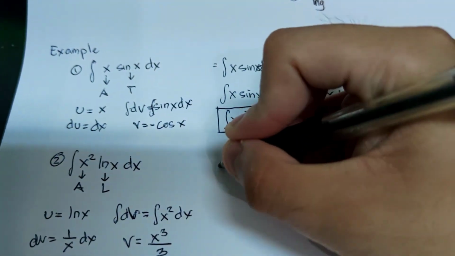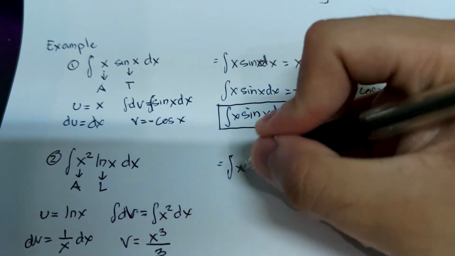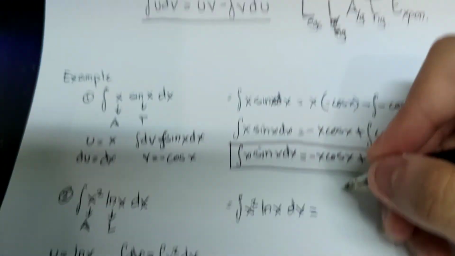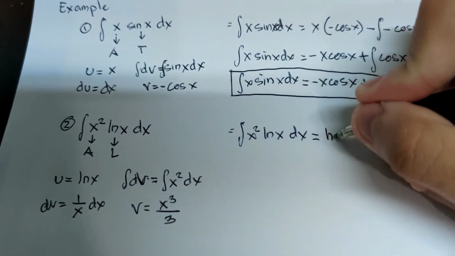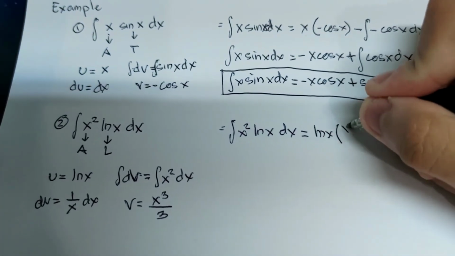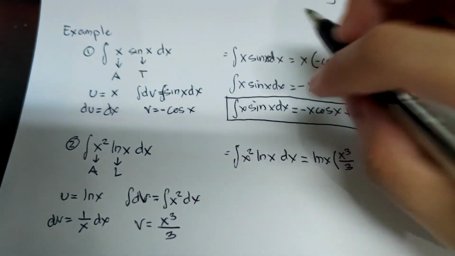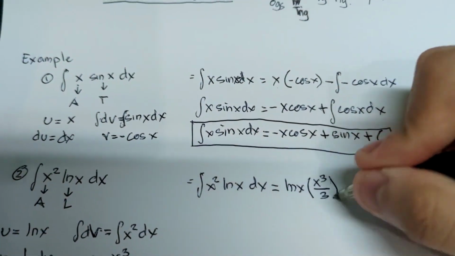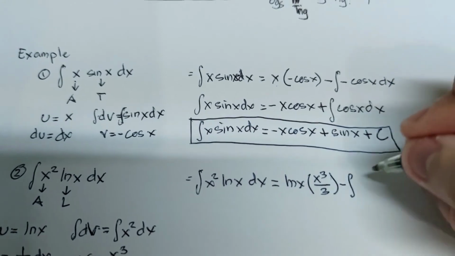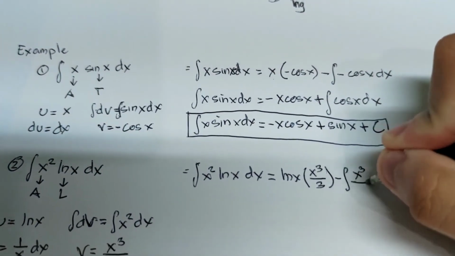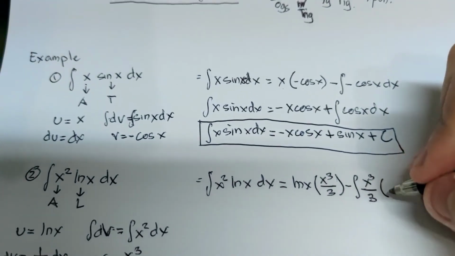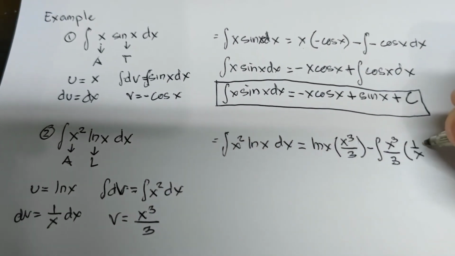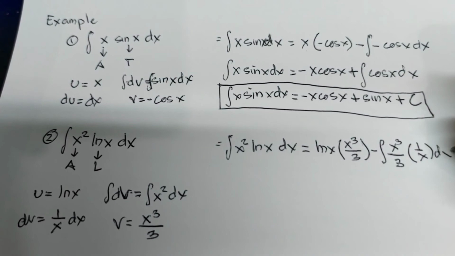Let's just substitute our variables in the formula. The integral of x squared ln x dx is equal to u, which is ln x, times x cubed over 3, which is our v, minus the integral of v du, which is x cubed over 3 multiplied by our du, which is 1 over x dx.